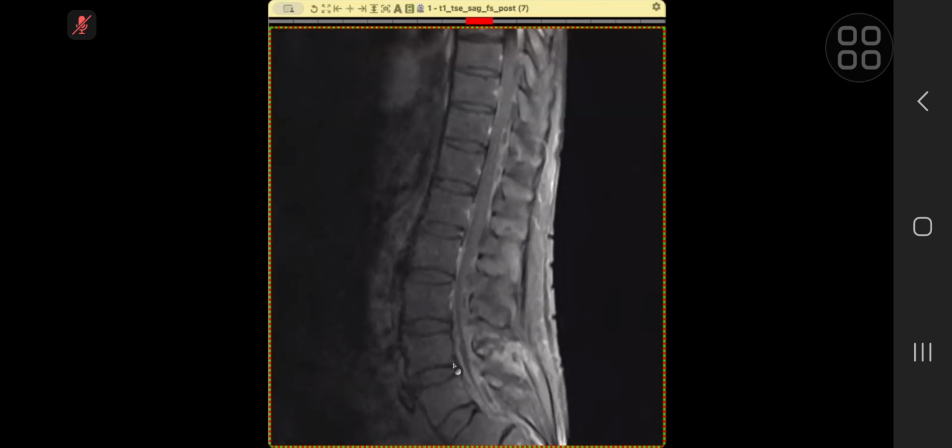And this is 5, 4, 3, 2, 1, 12, 11. And the cord is sitting next to it. I did not show you, or you did, the axial, but of course on axial you see similar findings. So multi-level epidural abscesses. So this is what it was.